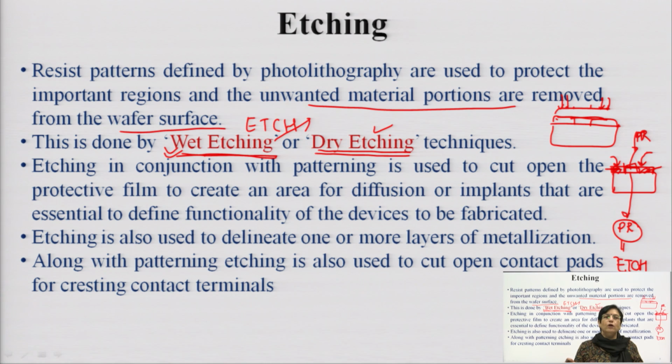If you want to eliminate unwanted metallization tracks, or delineate multiple layers of metallization, you need to go for etching or removal of those particular species, and that is where the importance of the overall etching process lies.